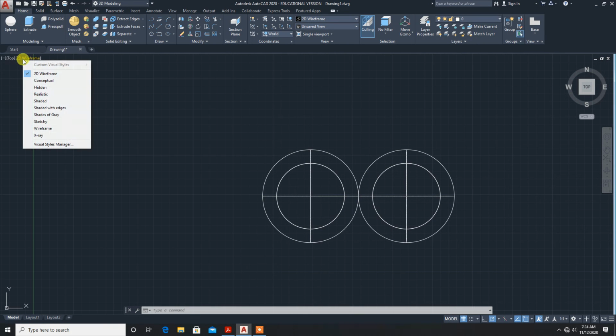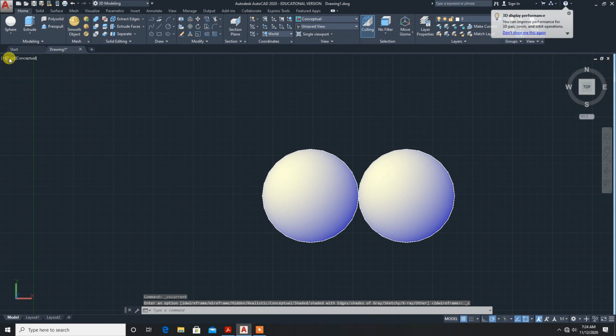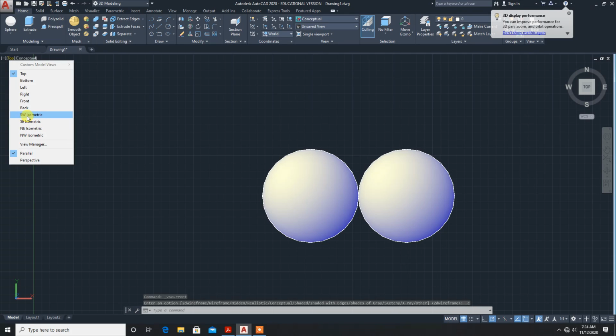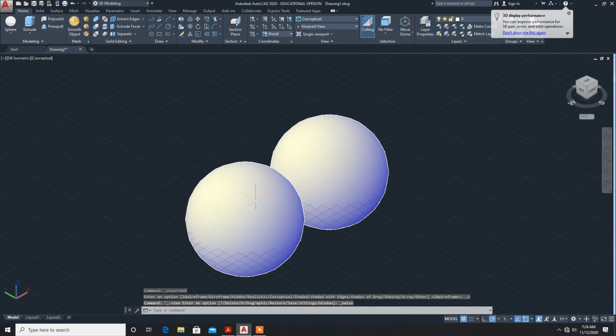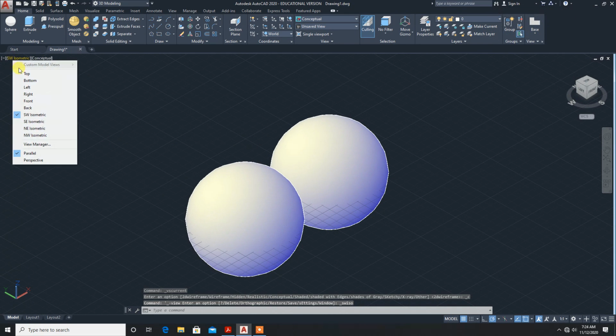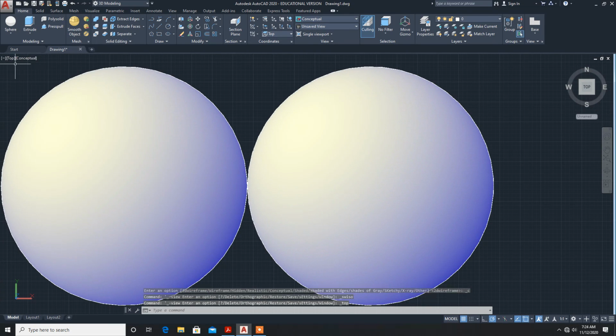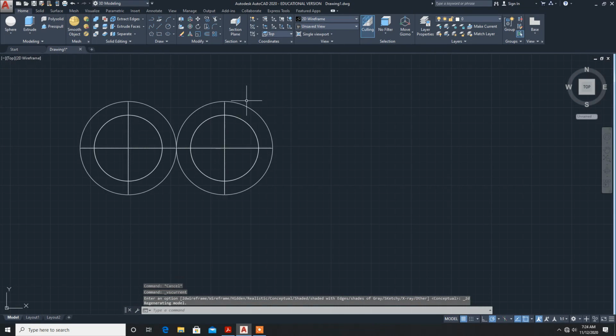Now conceptual, isometric, top view, wireframe or anything.